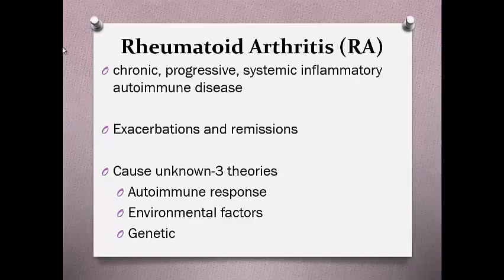So remember we talked about that rheumatoid arthritis is a problem with the immune system. So it's chronic and progressive. The typical course of rheumatoid arthritis has exacerbations and remissions. The cause for rheumatoid arthritis is unknown.